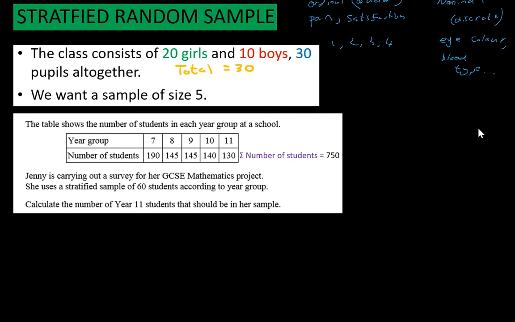So we need to have 5 times 20 out of 30 for the girls, and we need to have 5 times 10 out of 30 for the boys. 2 times 5 is 10, so we got 10 over 3, so that is 3 1/3.